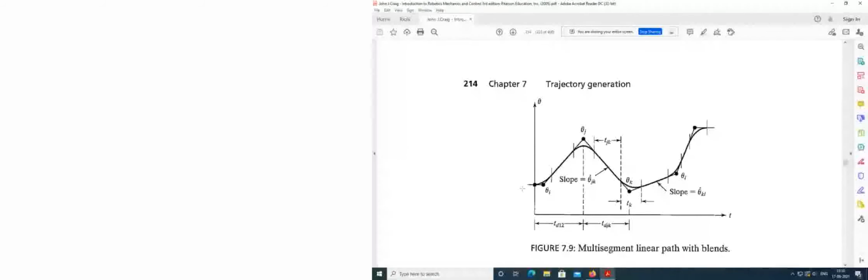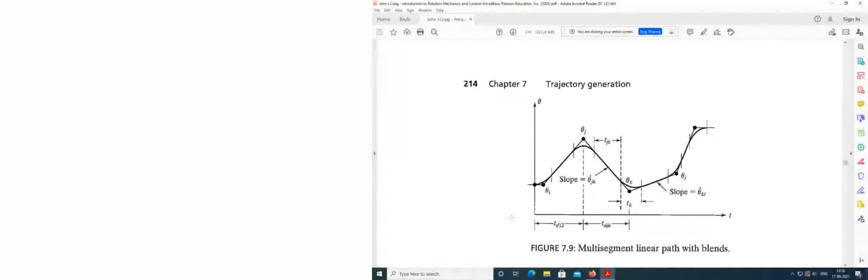And then this is the last point, and with this we can wind up this little chapter. So this is the initial point, and these are the via points.